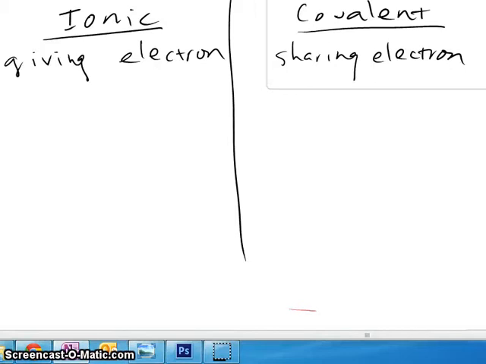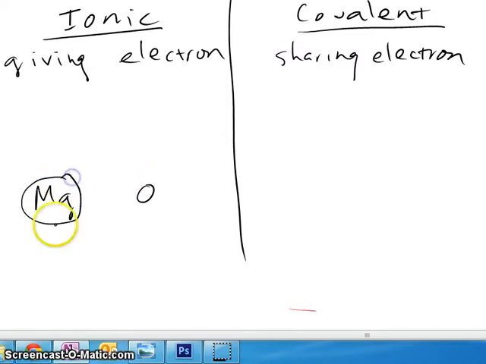Now that you know ionic and covalent bonds, the question is, how do you know what little number to put next to each element? So let's use the example from earlier, MgO. Mg has 2 electrons to give.